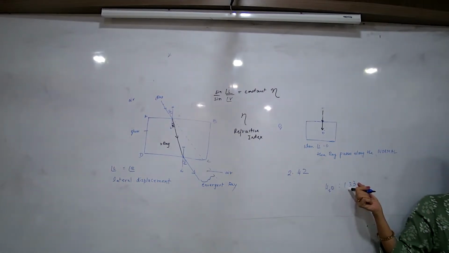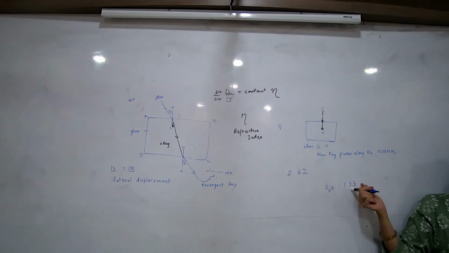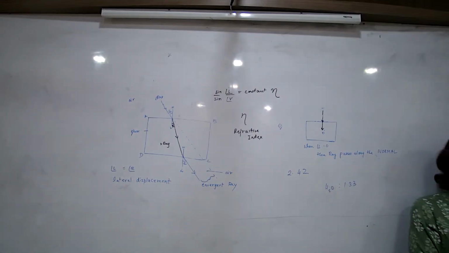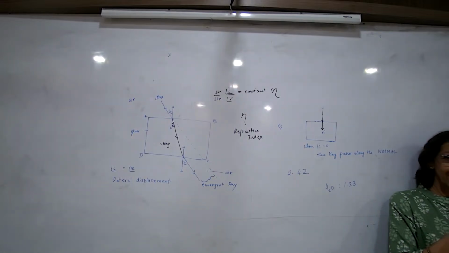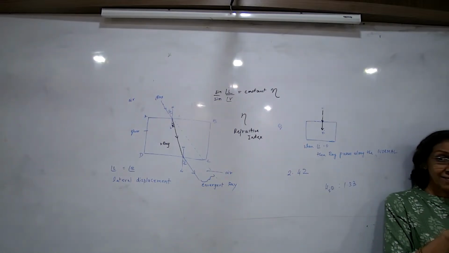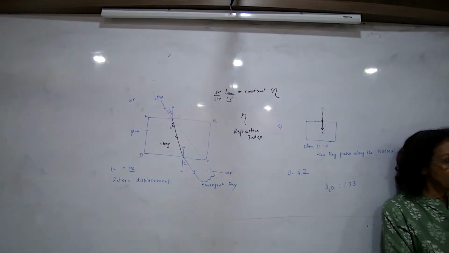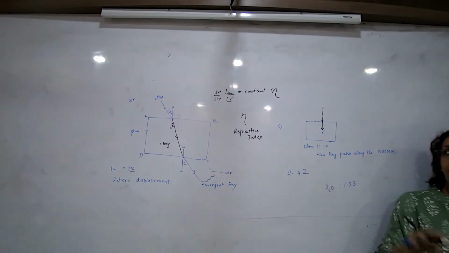In water, the refractive index is less, therefore the speed will be more. So what does it tell us about the velocity of light and the refractive index and the optical density? It is inversely proportional. I'll come to that.